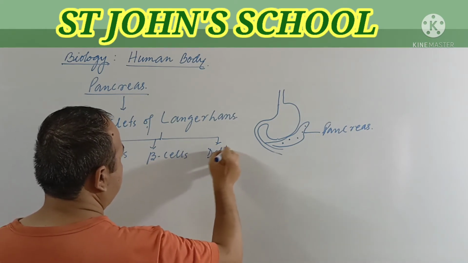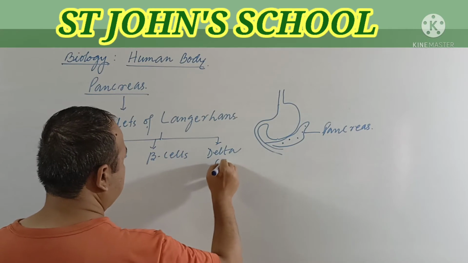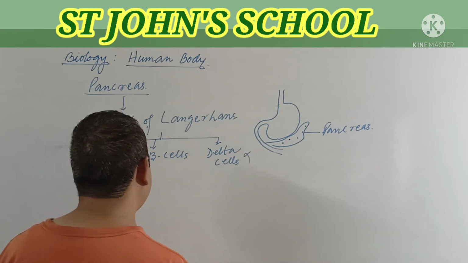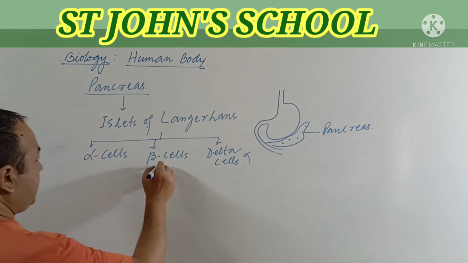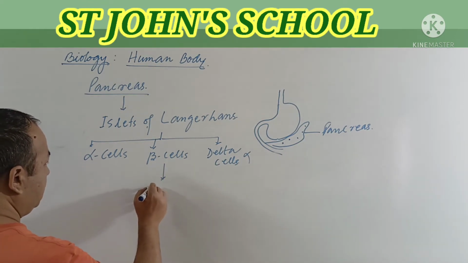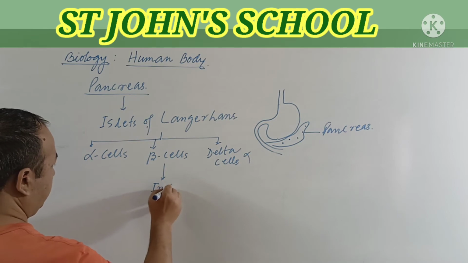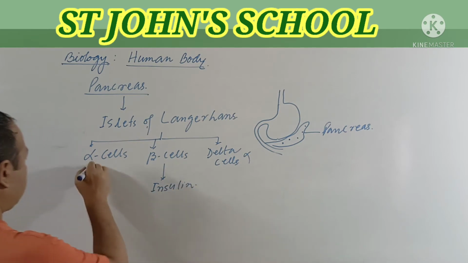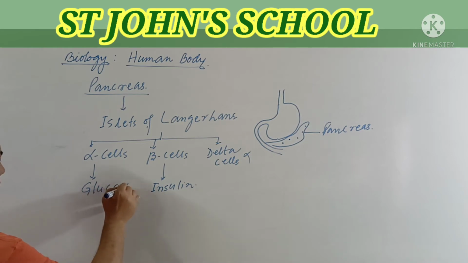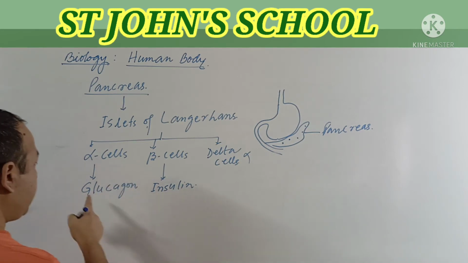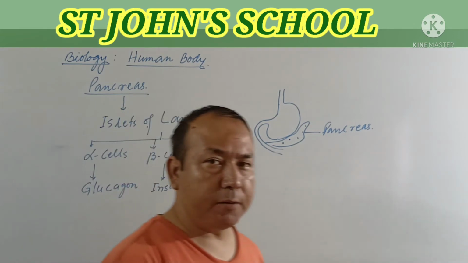Delta cells are not in the syllabus, not in class 10 either. These beta cells release the hormone called insulin, and these alpha cells release the hormone called glucagon. This insulin and glucagon act opposite to each other.